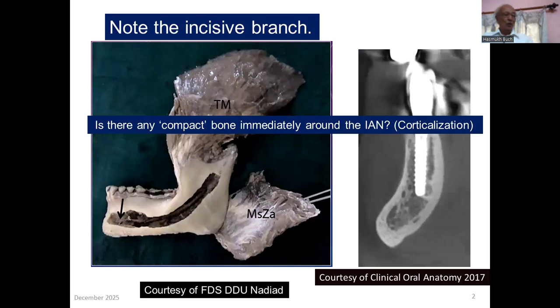Now let us have a look at the inferior alveolar nerve as it passes through the, I will use the term mandibular canal because everybody is more familiar with that term. I have projected this slide previously, but still I would like to show you the branches of the inferior alveolar nerve here.